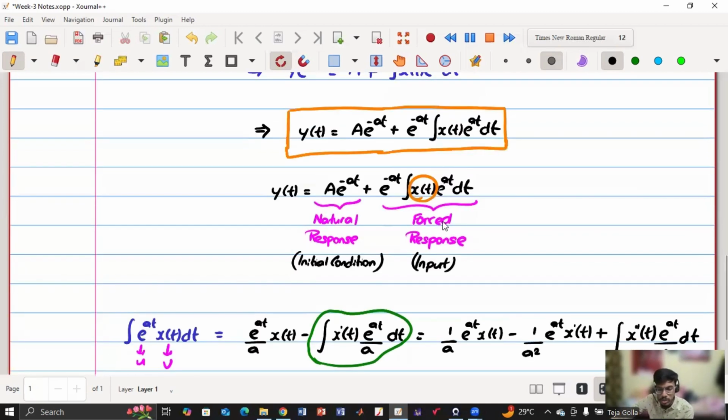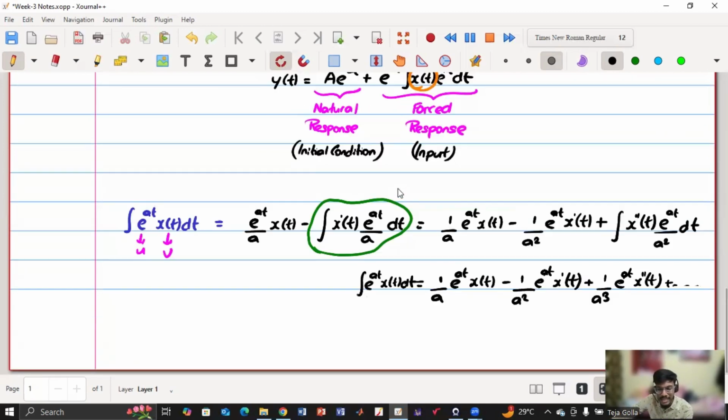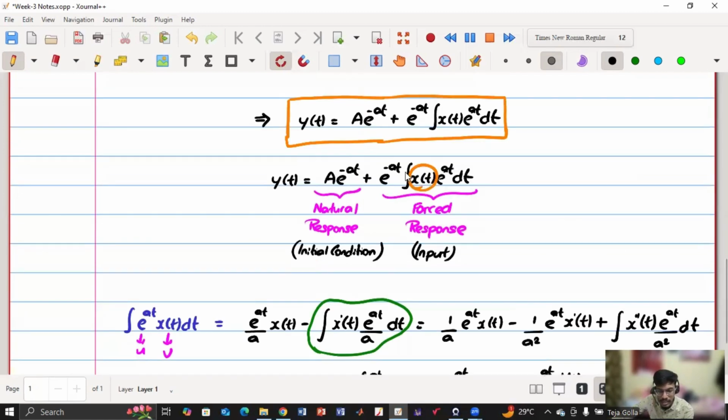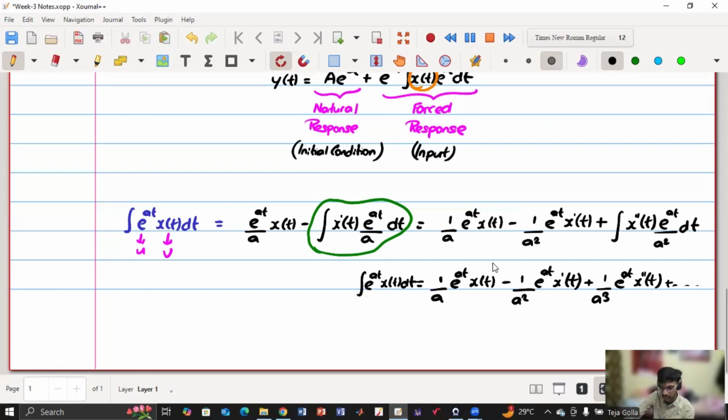But what is my forced response? E to the power minus at into the integral of e to the power at x of t dt. So I have to multiply this by e to the power minus at, right? So now my forced response is e to the power minus at integral e to the power at x of t dt.